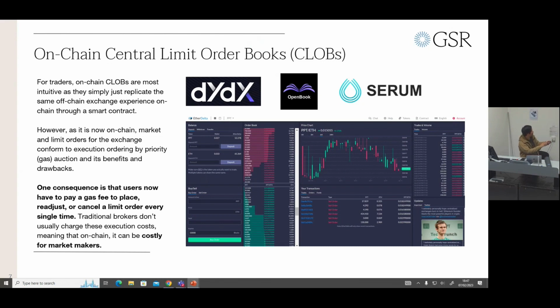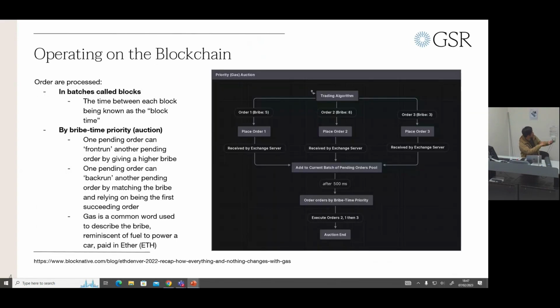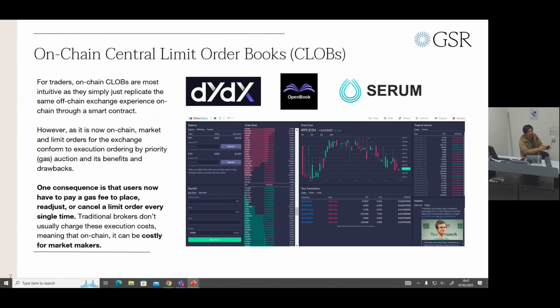But I think the key takeaway is that now that it's on the blockchain, you still have to play by the rules of the blockchain. Thinking about the order execution system we mentioned earlier, the prior gas auction system, we have to think not just about the price you place your limit order with, but also a transaction fee, a bribe that you attach to your order to denote when you'd like your order to be placed or processed.